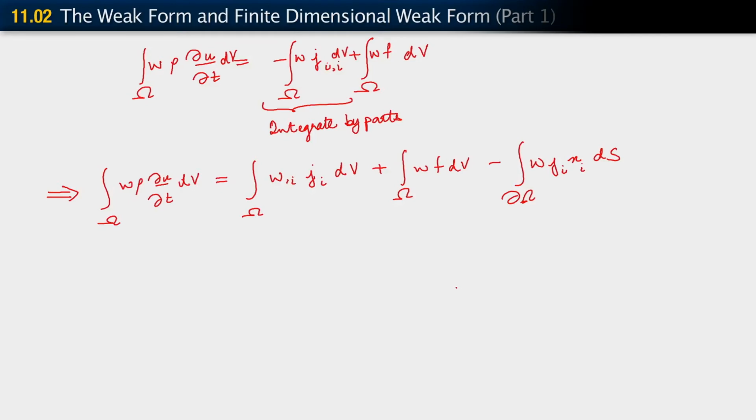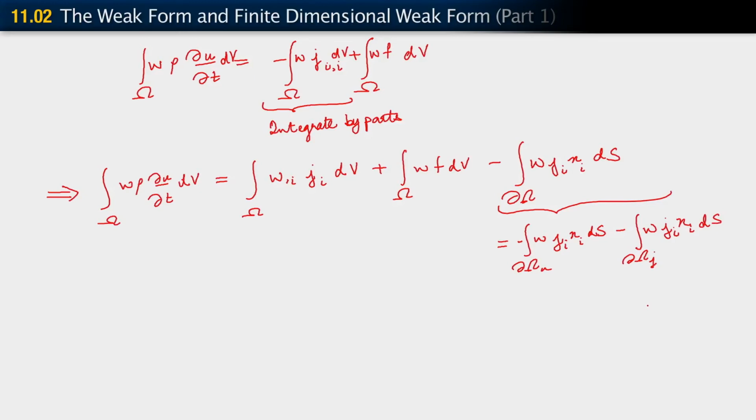Okay, and then of course we take the usual steps, which is to observe that this term is equal to the integral over partial omega u of W J_i n_i ds, minus the integral over partial omega J of W J_i n_i ds.